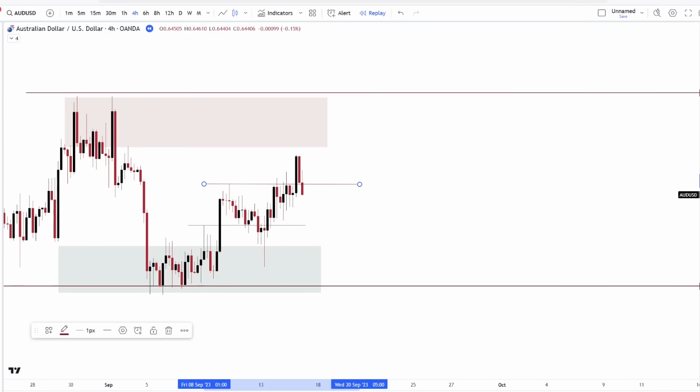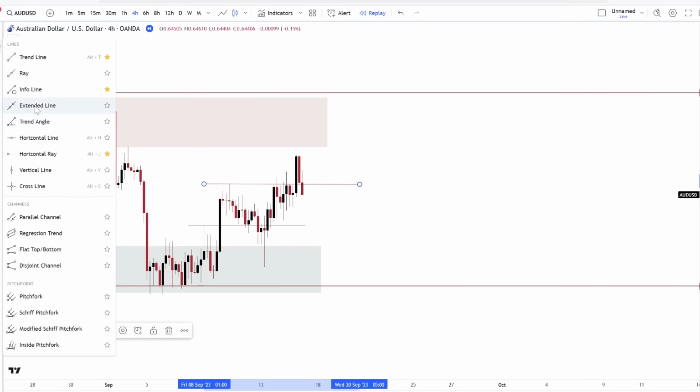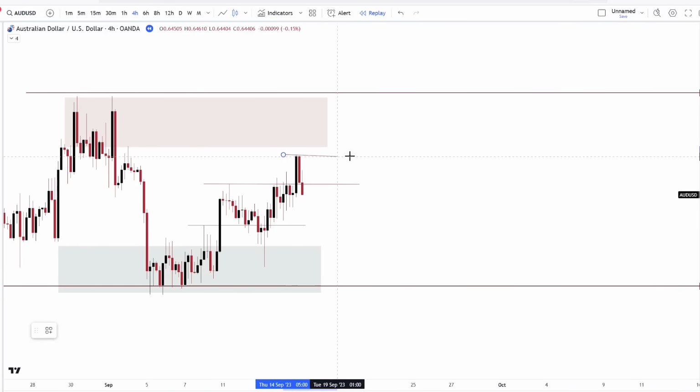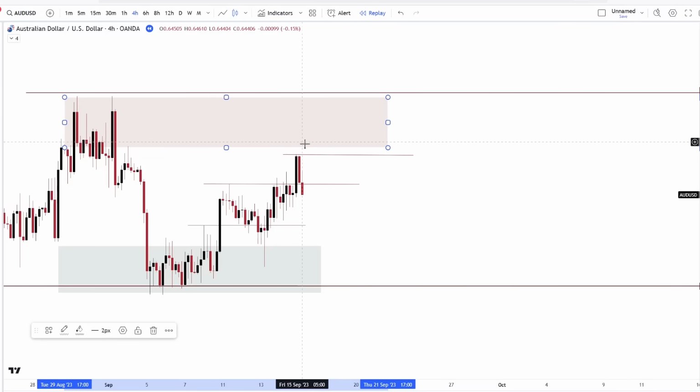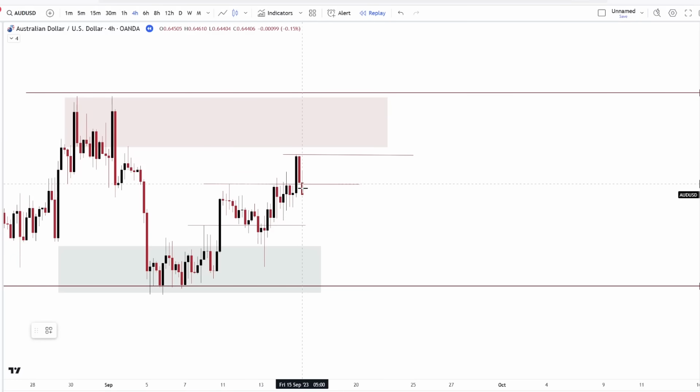And now what do you have here? You have a swing that's getting really close to your premium level. So what are you waiting for once price gets to this level? You're waiting for a stop hunt, and for price to continue lower.